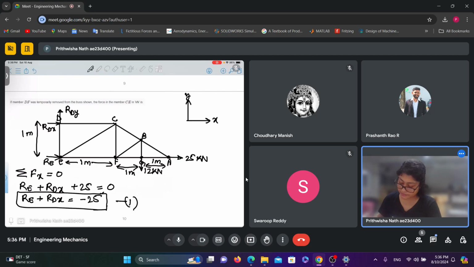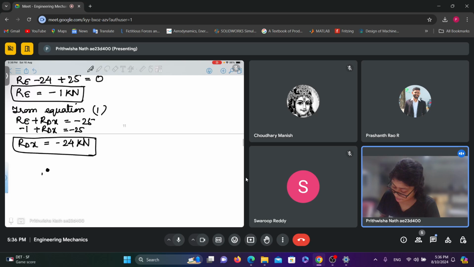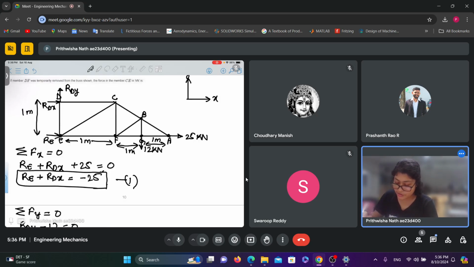Considering the point D, now I will consider the joint D. So at D, suppose this is the point D, this is FDC, I am assuming that the members are in tension, and this is FDE. So this is the problem. I am considering this joint.